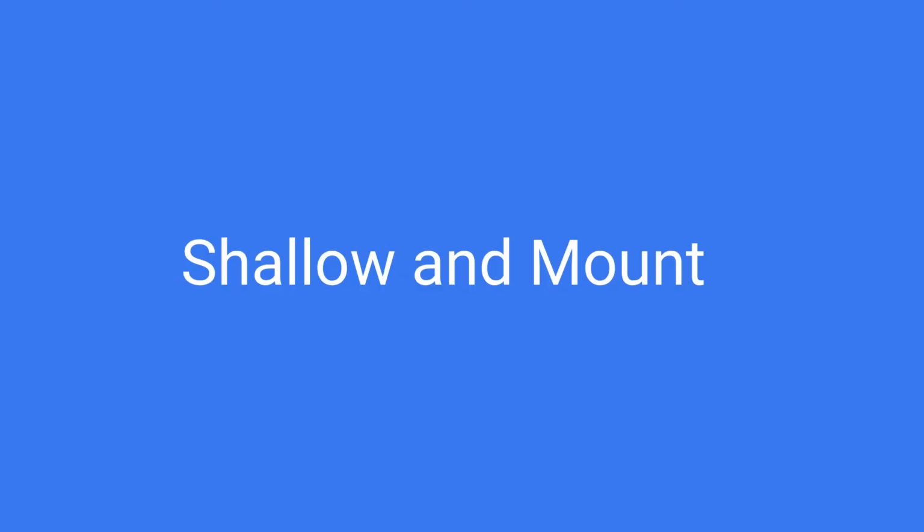So we already talked a little bit about shallow and mount, but the main purpose here when you are using Enzyme is to find the right balance between using those tools. So as I said, shallow only renders the component itself, and mount compiles everything. But for instance, mount is very useful when you are testing React lifecycles, and shallow is not that good.